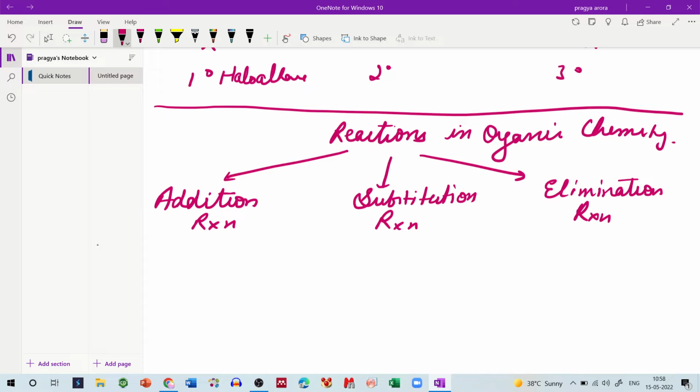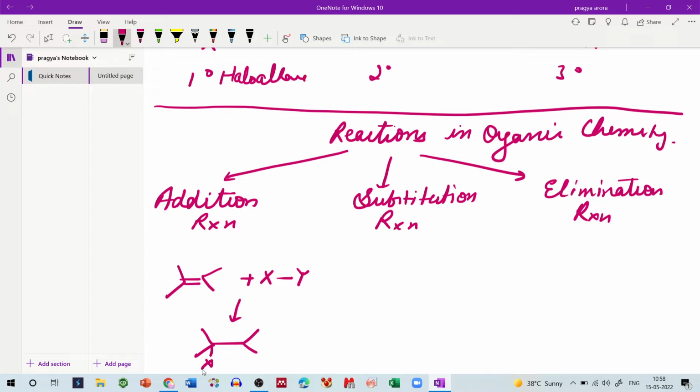So, in an addition reaction, a new compound is formed by the reaction of two or more compounds. Let's say here we have two compounds as reactants, and one of the reactants is adding to the other reactant, and we are getting another product.